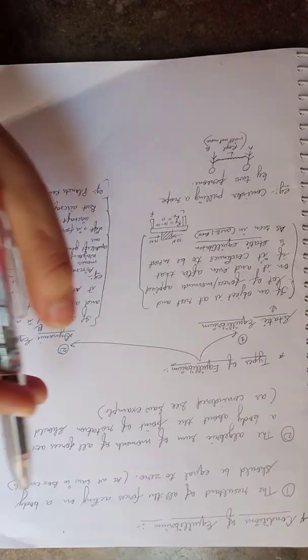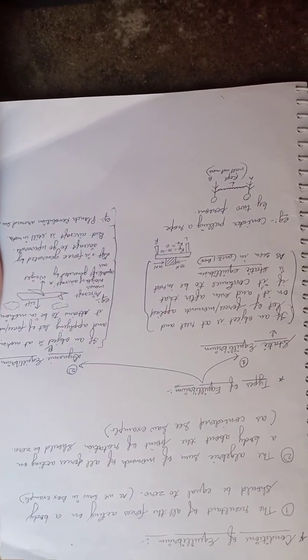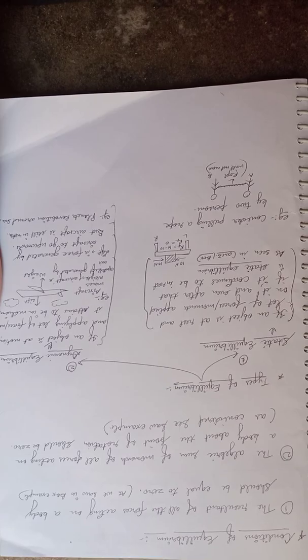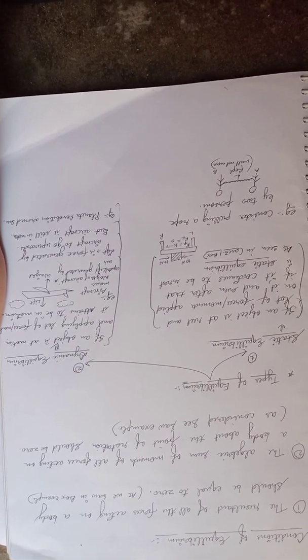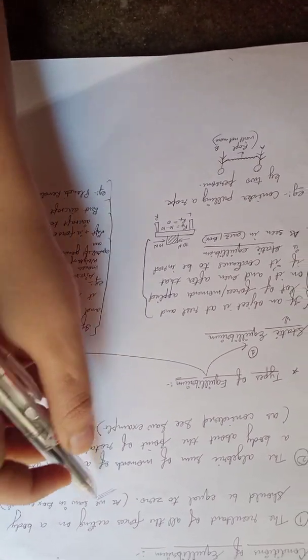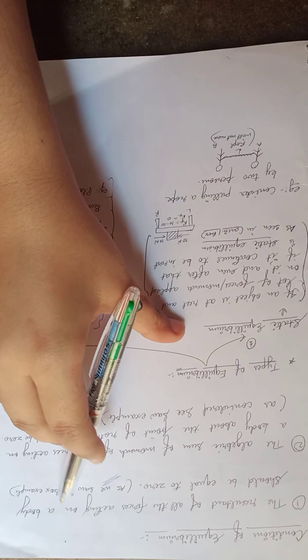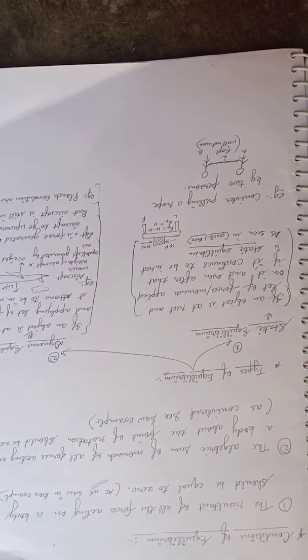Students, from this what did we get to know? Conditions of equilibrium. What should be the conditions to be remembered? The resultant of all the forces acting on a body should be equal to 0, as we saw in the table and box example, right? The resultant of all the forces acting on that object should be equal to 0 for the condition of equilibrium.